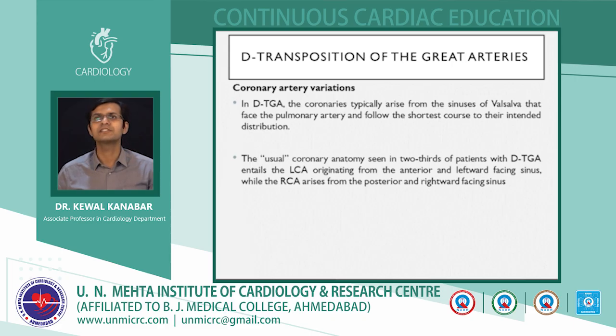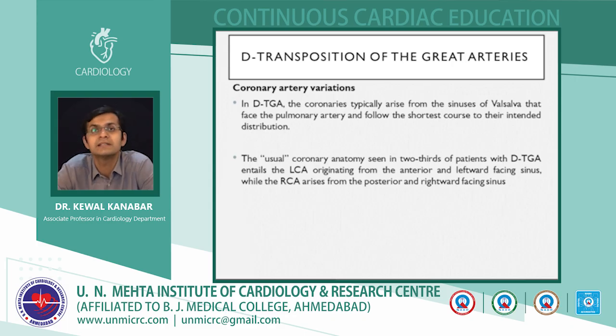So, some form of connection is required in these patients, and if it is not present, these patients usually after birth will come with systemic cyanosis, severe cyanosis, and these patients will also have circulatory collapse, and these need to be managed early with a prostaglandin infusion. And patients who come with an intact septum, they also may need to undergo early palliative surgery in the form of BAS or balloon atrial septostomy.